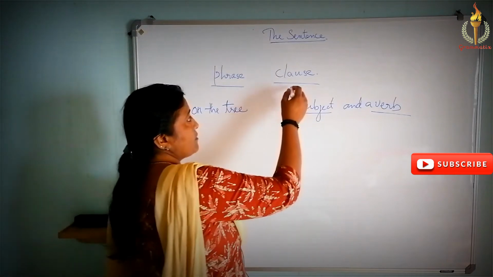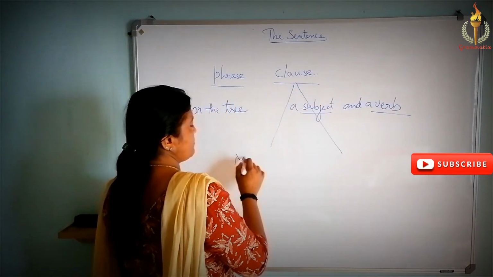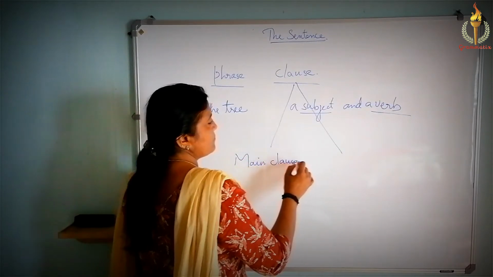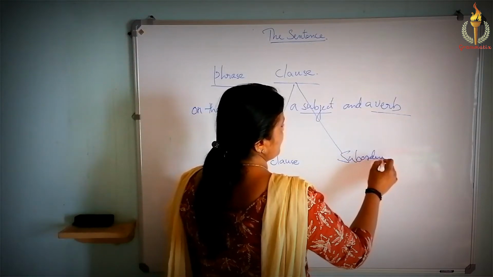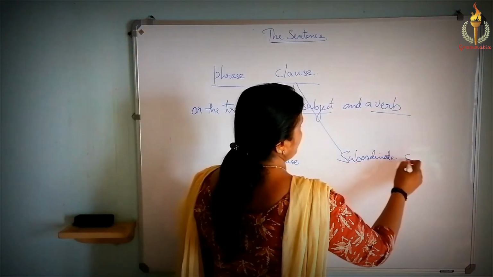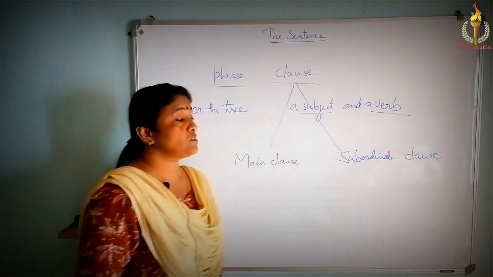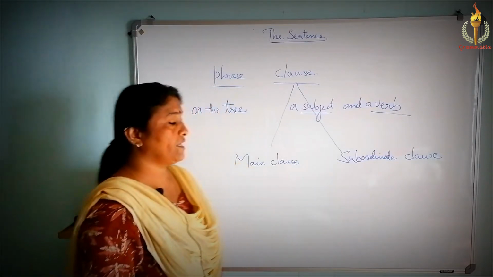And once again, the clause is divided into two. The first one is the main clause and the second is the subordinate clause. To understand the structure of a sentence, you need to know what is the main clause and what is the subordinate clause.